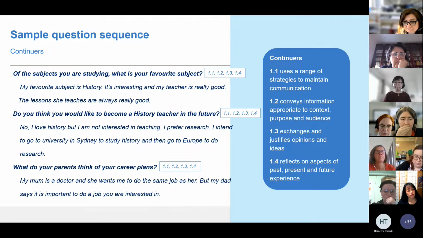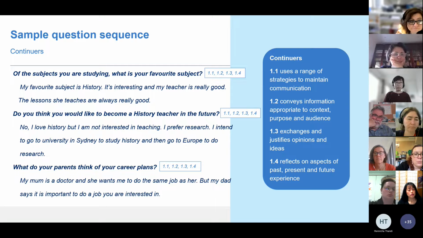Here is another example of a question sequence for the continuers topic of school life, possible responses and the outcomes addressed.